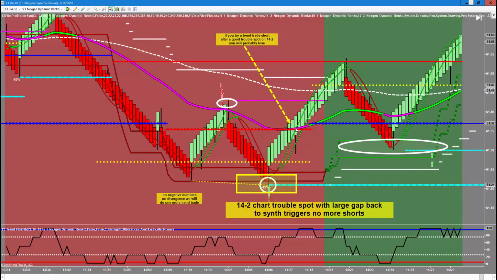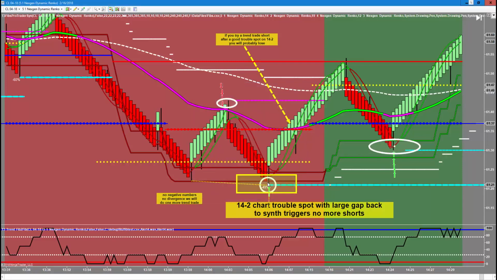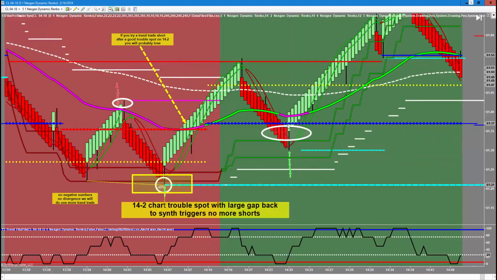Now, what else could you possibly do if the 14-2 chart says you're going up and your rules are now met for a trend trade long? See how basically two things happen. Number one, we have a trouble spot that holds. And then we have a pullback into what could be potentially a trend trade long, and we have higher probabilities of winning once we actually get that.